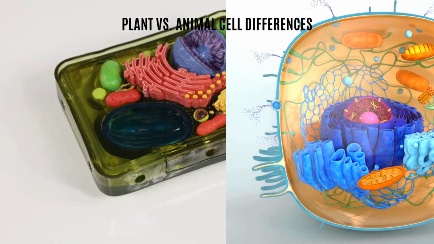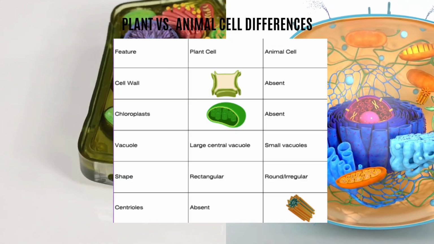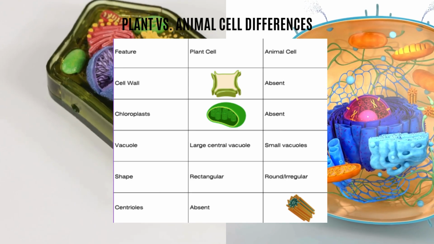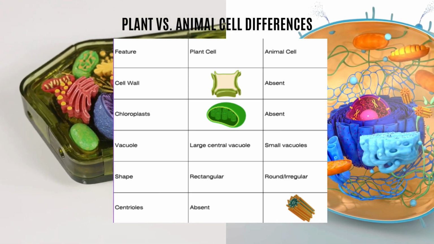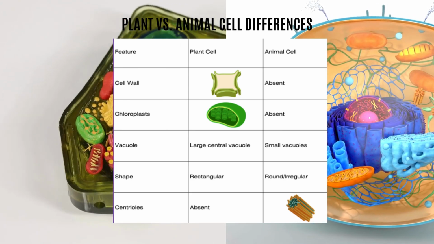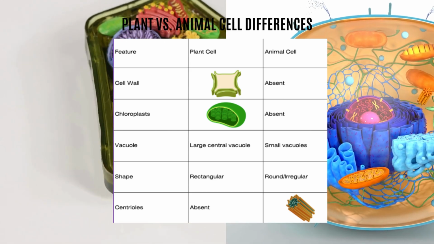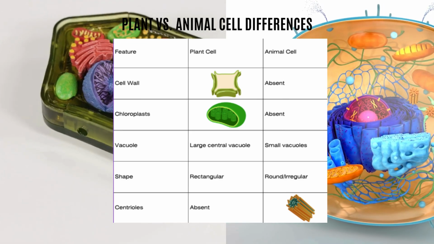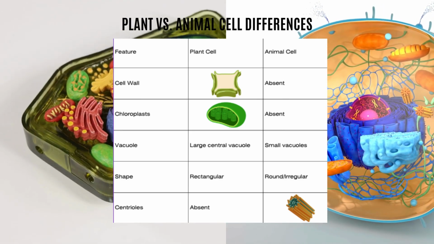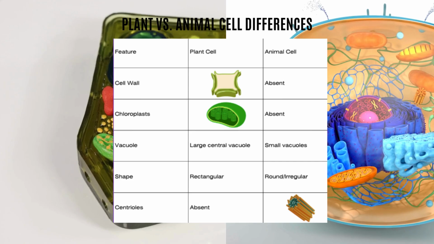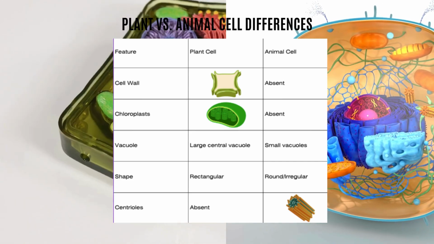There's also a structure in plant cells known as chloroplasts, as you can see in the table here. And chloroplasts have this green structure. And the reason why they have that green structure is because it gives that green color to plants, but that's because it's trying to harness the sun's energy, which you're going to cover later on in a future unit. They also have vacuoles that exist both in plant and animal cells, but it's larger in plant cells.